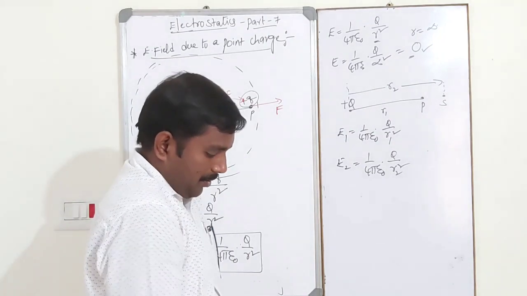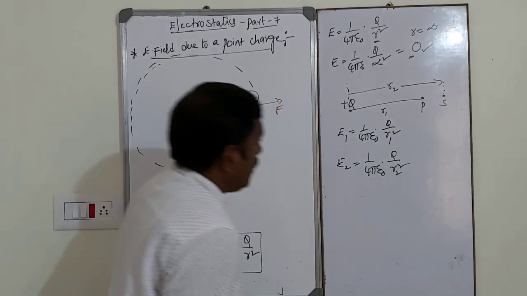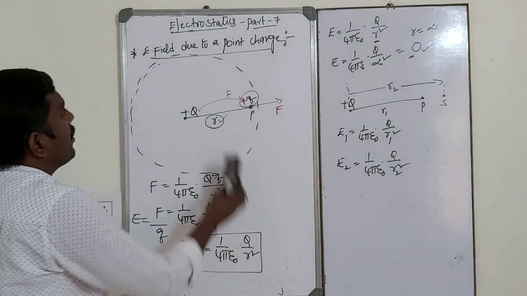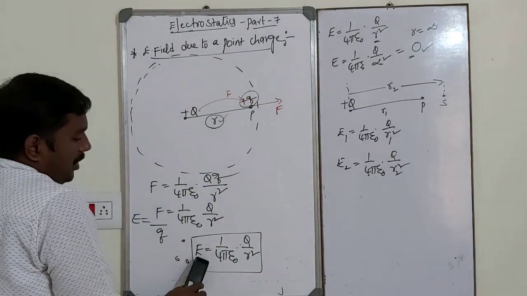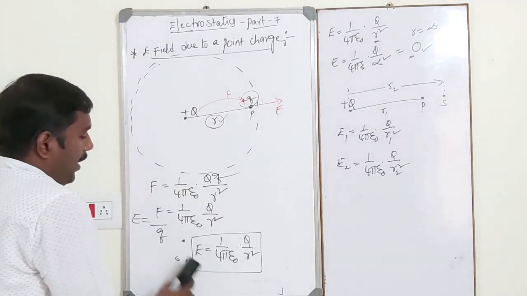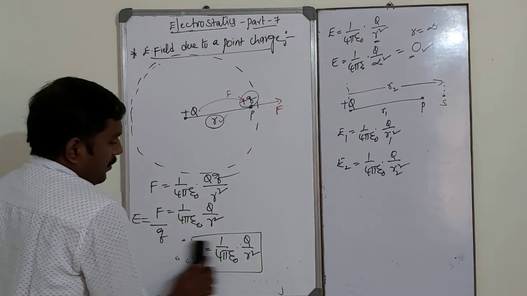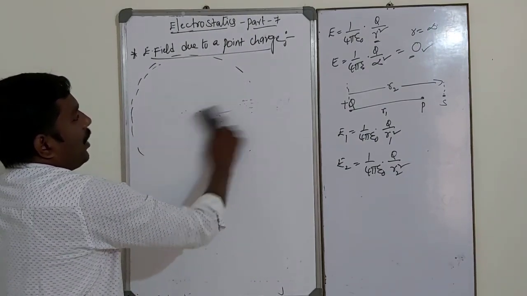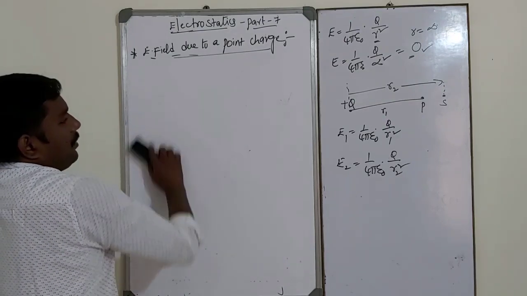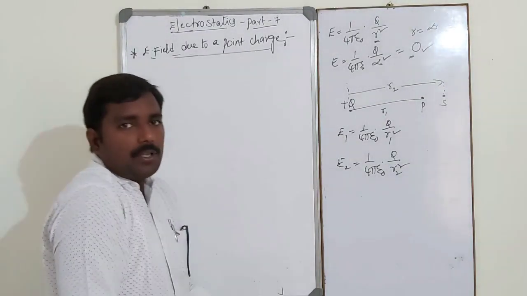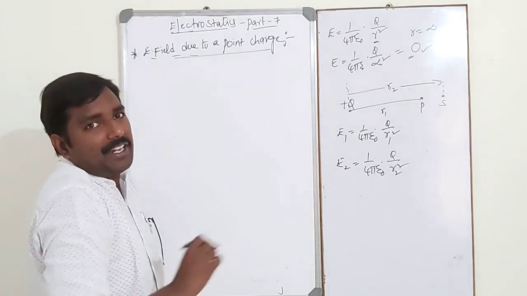Okay, students. Next one. This is one more very important bit. Electric field due to a point charge: E is equal to 1 over 4 pi epsilon naught q by r square. In case of a positive charge, what is the direction of electric field?